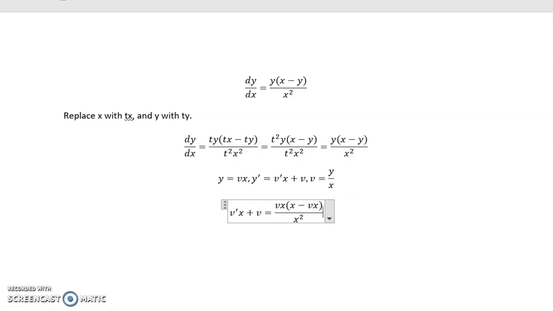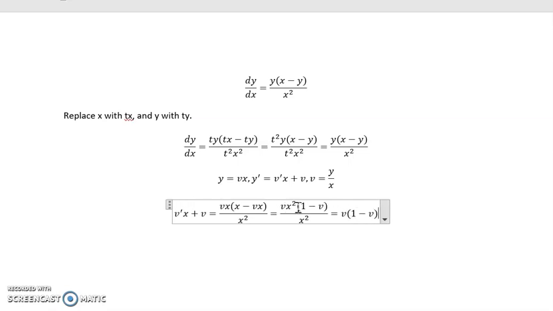Now, we're going to factor out our x's in the top, and so we're going to get v x squared times 1 minus v. And on the bottom, we still have our x squared. And now we're going to cancel our x squareds, and we're going to get v times 1 minus v, or, if you prefer, v minus v squared.